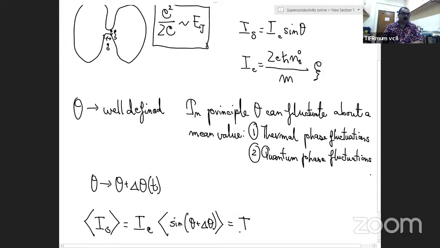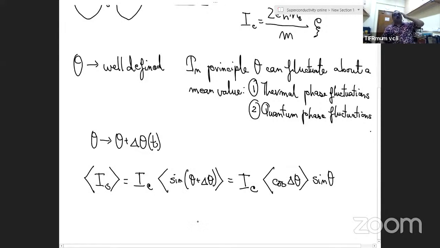So therefore what I will have here is IC, average of cos delta theta, into sine theta. The other term becomes 0 because sine delta theta average is 0. Now, of course, this is only valid if my delta theta is small.